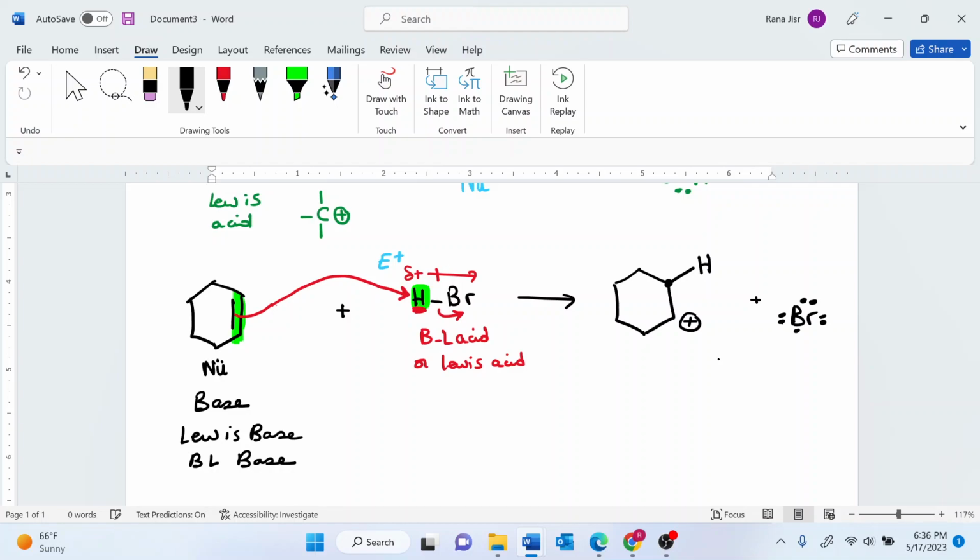Remember what I said before? The charges of the reactants should be exactly the same as the charges of the products. So if you have zero charge reactants, then your product needs to be a zero charge. Here, the positive balances the negative charge of the bromine. Whenever you have a carbon with a plus charge, this is called a carbocation.